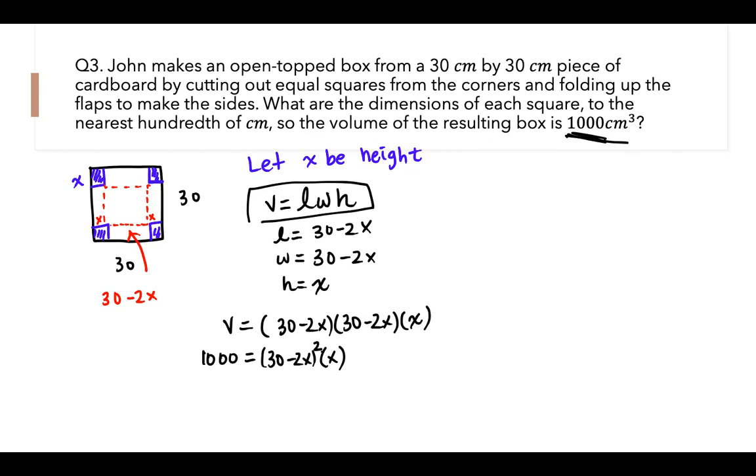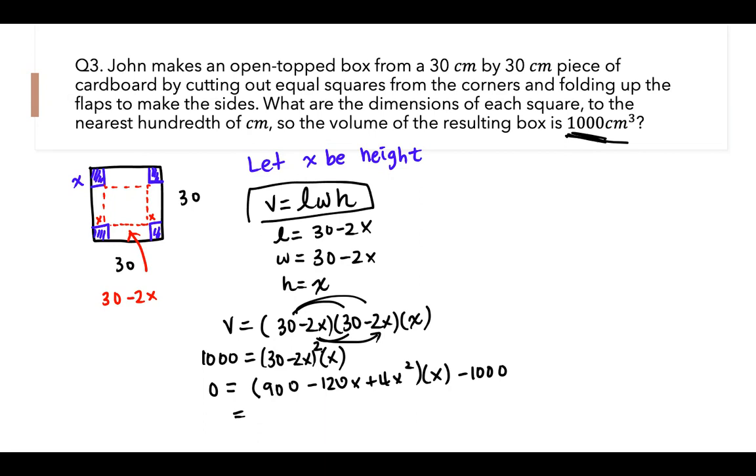Again, let's move everything to one side, and I'm going to expand. So if I were to expand, you're doing FOIL: front, outside, inside, last. So 0 is equal to 900 minus 120x plus 4x squared, times x, minus 1,000.